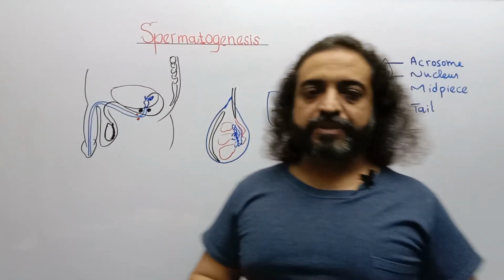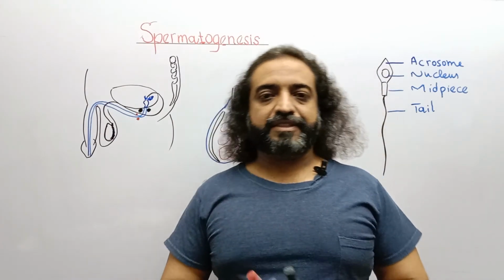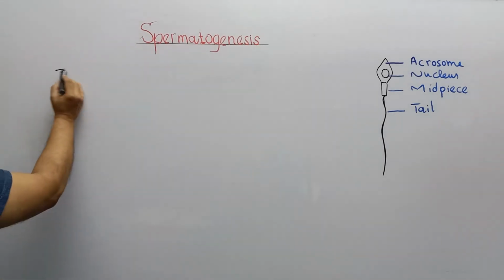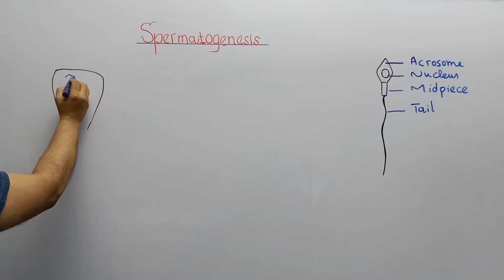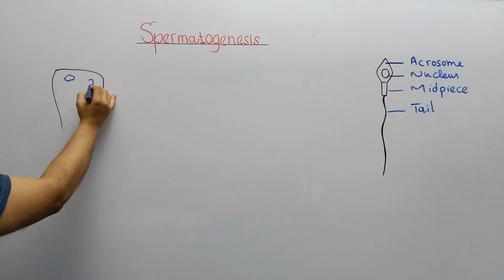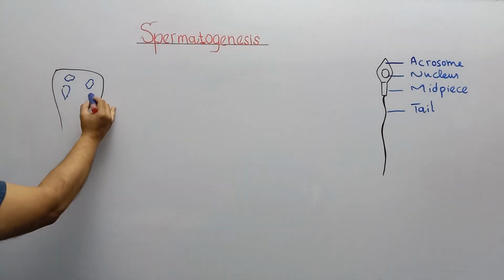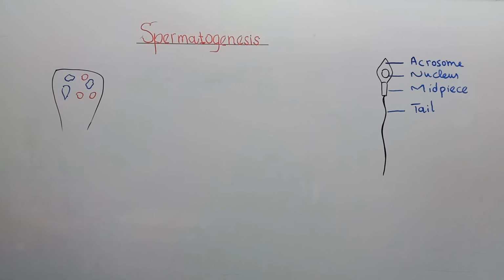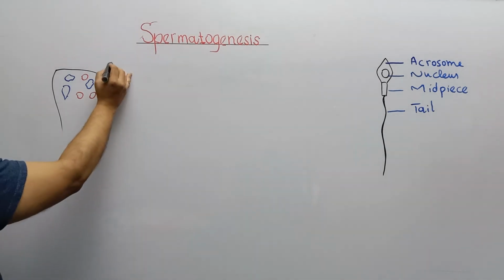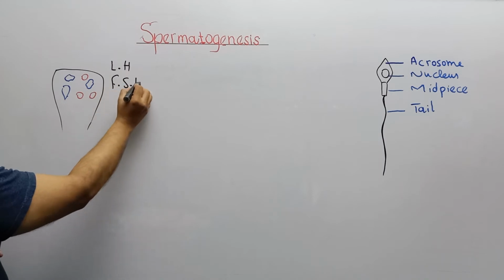In the seminiferous tubules, the process of spermatogenesis occurs. How does it occur? Just have a glance. We are going to take a transverse section of a seminiferous tubule, and here we see different cells, like Sertoli cells and interstitial cells. Interstitial cells are also called Leydig cells. As we learned in the hormonal regulation of the male reproductive structure, there are two basic hormones: luteinizing hormone and follicle stimulating hormone.